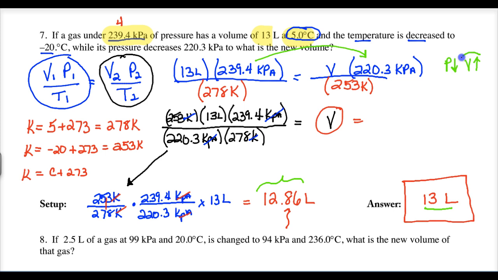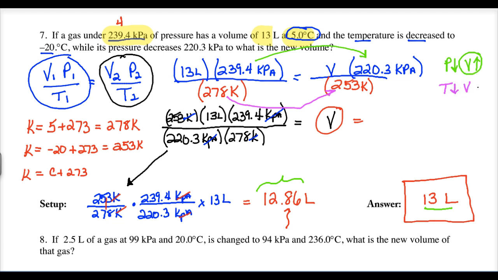So the volume should increase a little bit here if temperature stayed constant. I know it didn't, but just by the pressure dropping, the volume should increase a little bit. Okay. Now let's look at temperature independently, just like I did there. What I'm trying to do is make sense of this number. Okay, temperature decreased a little bit. So if temperature decreases, what happens to the volume?